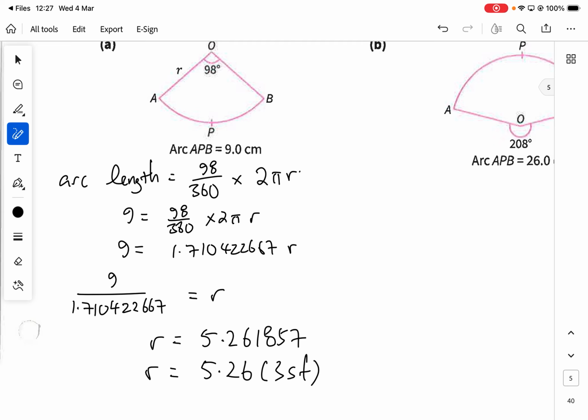You just write 360 minus 208, then you get this angle already. Your angle AOB is equal to 360 minus 208, which is 152. Okay, this angle is 152. Then from there, form your arc length equals to what? Then try solving your equation.